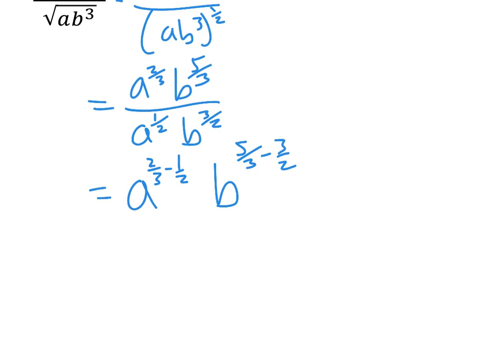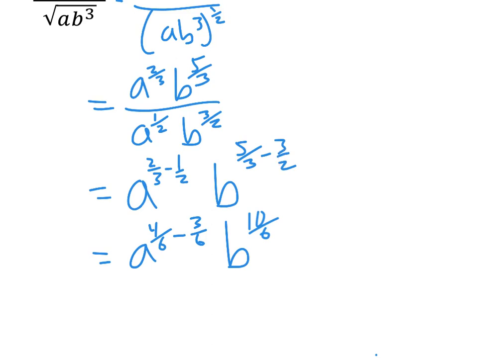Well, we need common denominators. 6 is our common denominator. Multiply top and bottom by 2 here, and you get 4/6. Multiply top and bottom by 3 here, and you get 3/6. Clean that up in just a second. 6 is our common denominator. Multiply each top and bottom by 2 here.